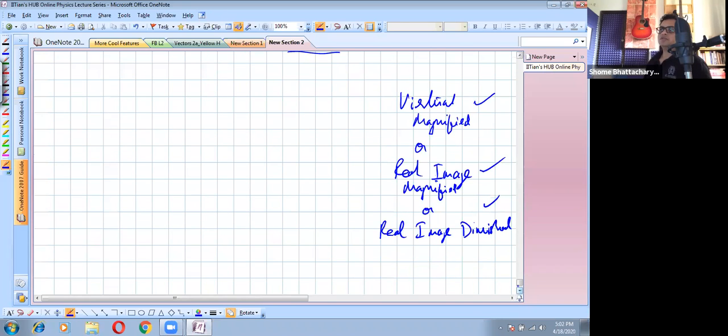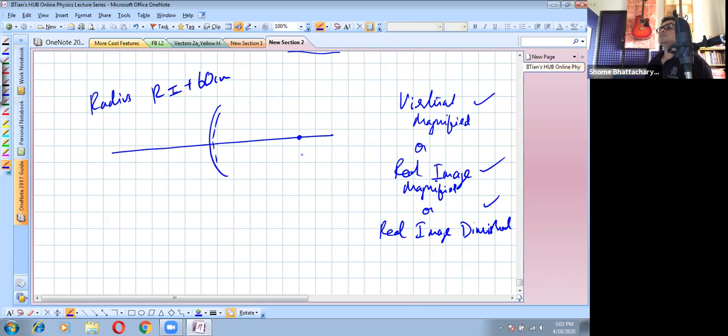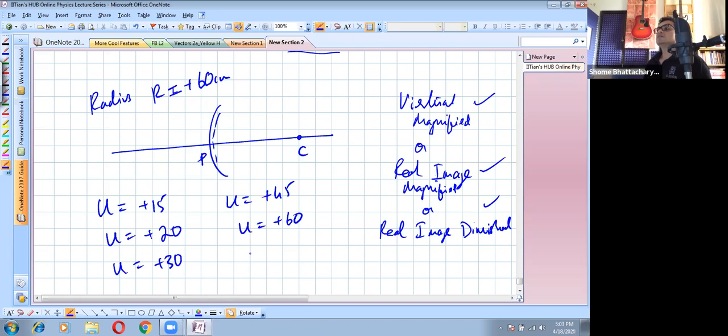Okay, so for example, if you take something which has a radius of, let us say, plus 60 centimeters, then you take various cases. So this is your center of curvature. So you take cases of like this: u is equal to, let's say, plus 15, then u is equal to plus 20, then u is equal to plus 30, then u is equal to plus 45, then u is equal to plus 60, then u is equal to plus 90, and then just take something very large like maybe plus 360 or something, and you will get the trend.